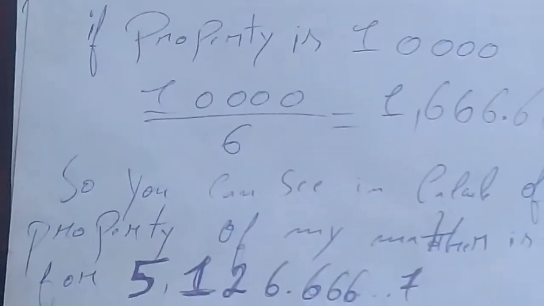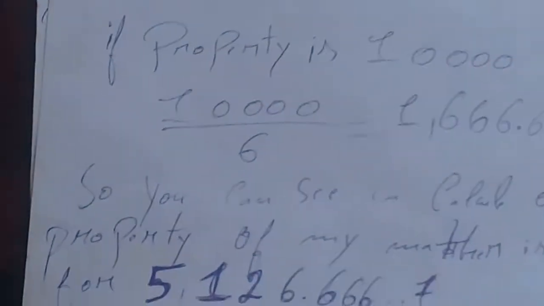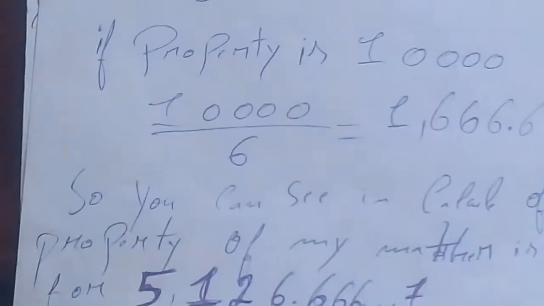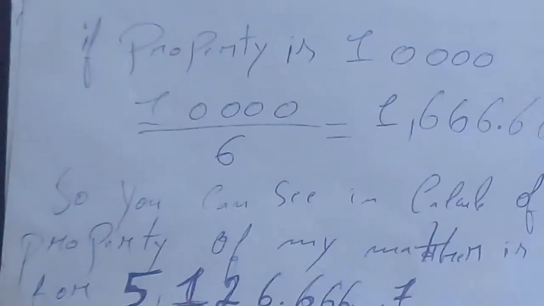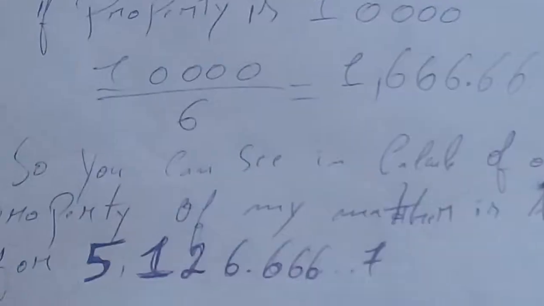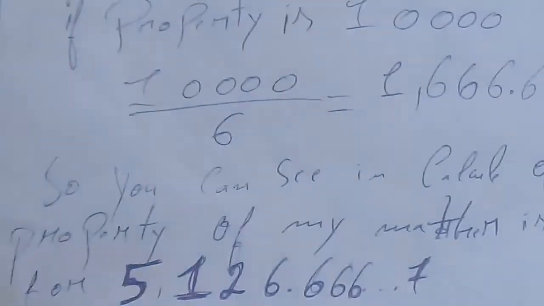You see 50,000 of my mother can stand for 5,000, can stand for 50,000, more, just of my mother. But I'm not talking about that, the real value is that.